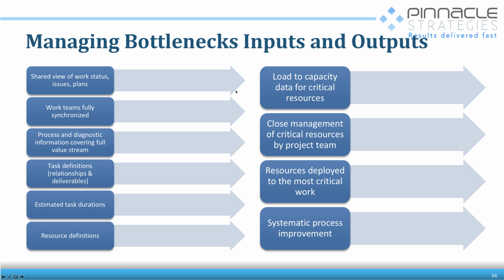And there are all the outcomes from basic collaboration. What we're getting now for managing bottlenecks is load to capacity data for critical resources, not everything. So we're doing some basic fundamental capacity management, but only on the bottleneck resources. We're focusing our attention on them, and implementing management procedures to closely manage these critical resources because they govern the flow and the speed of everything.